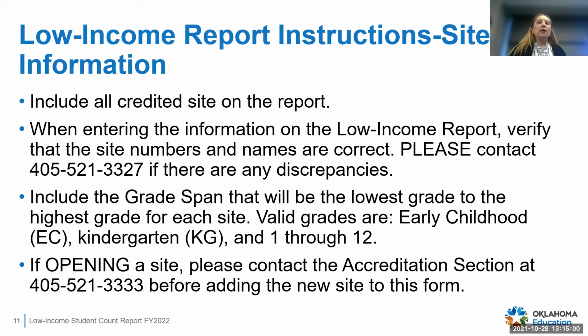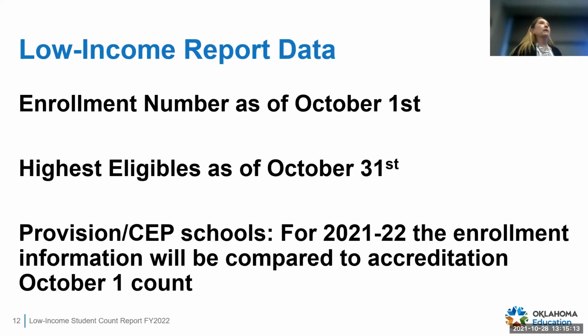You're going to need to talk to them so that that site can get added. Our system as a state pulls from a certain file: school names, school sites, and the site accreditation numbers.